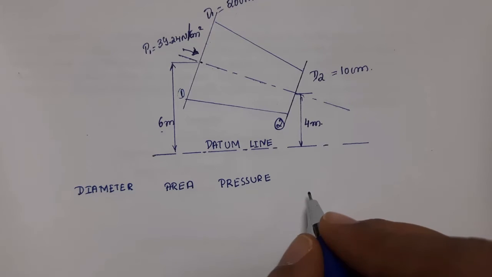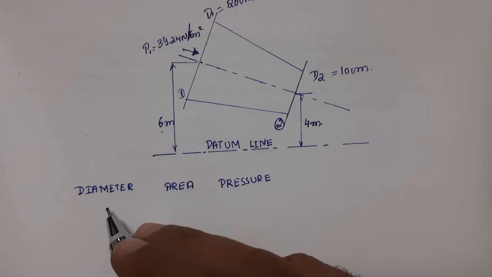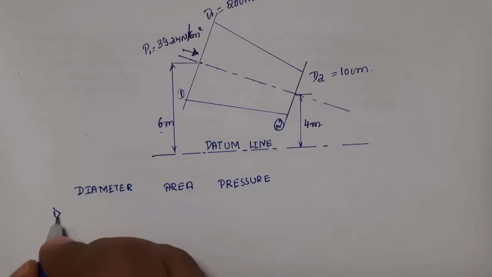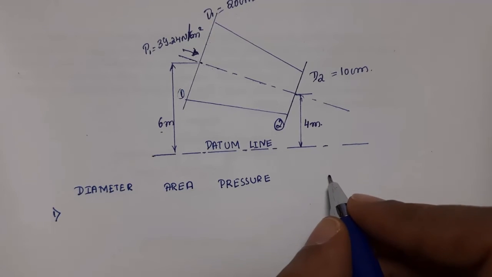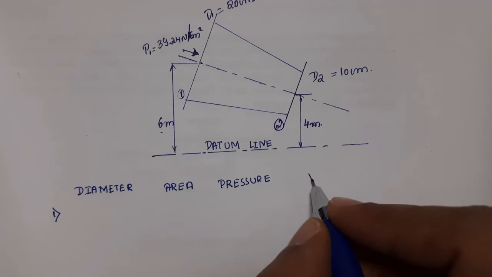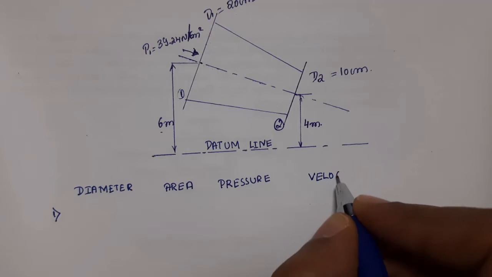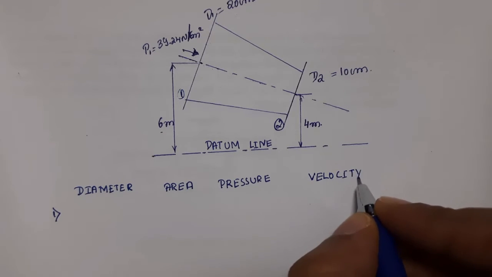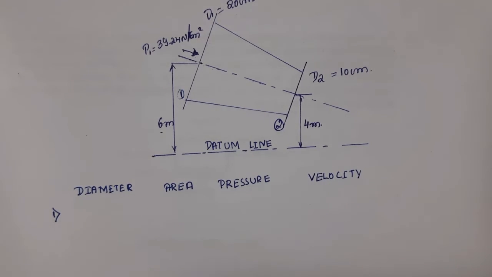Okay, so we'll write it down later. So first and foremost, the diameter at section 1, velocity also we'll write it down here. Velocity at this point as well as at this point.